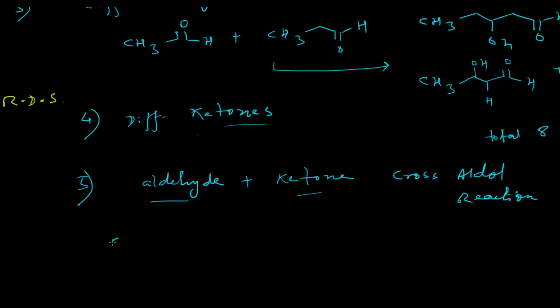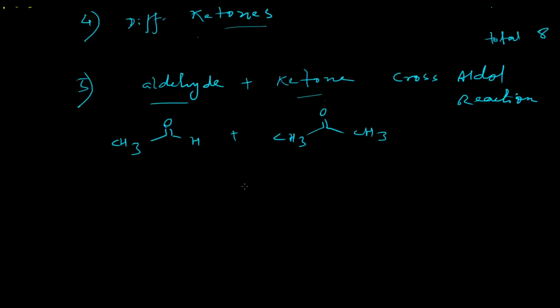So in this case, for example, if we chose to react acetaldehyde with acetone, and if we treat them with dilute sodium hydroxide, let's say, and then we give some heat, then the product of this reaction will be this one.